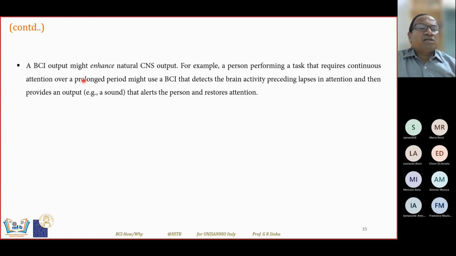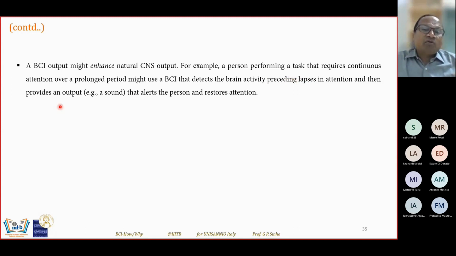When you are concentrating on an activity for a long time, he will be very focused on the road, traffic and all that. I'm just taking the example of a driver. So there will definitely be lapses, preceded by changes in the natural brain activities. Natural brain activities means the current brain activities of a person who is engaged in some activity.